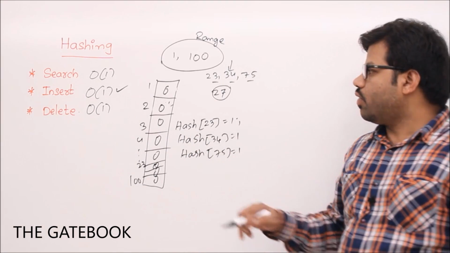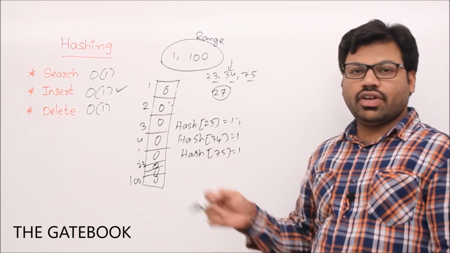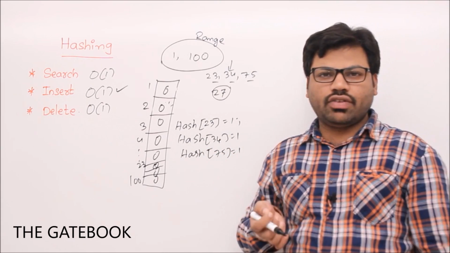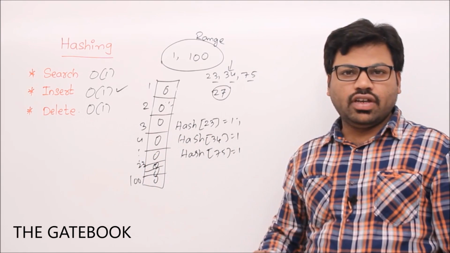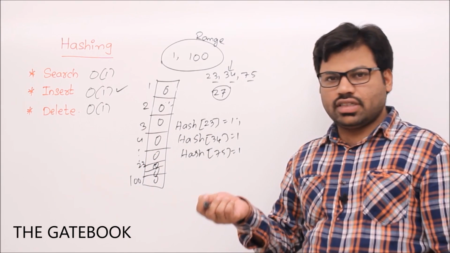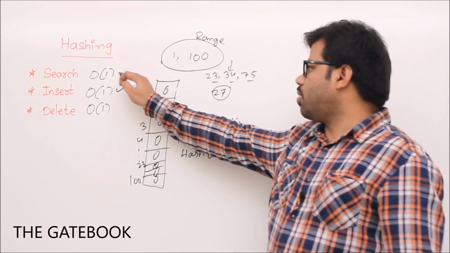If you do that, what is the time complexity of search? How do you search 27? Go to hash of 27. If at all we store 27, we stored it only in hash of 27. Directly go to hash of 27. If it is 1, it is available, that means it is there. Otherwise it is not there. Correct? So that's why time complexity of search will become order of 1.